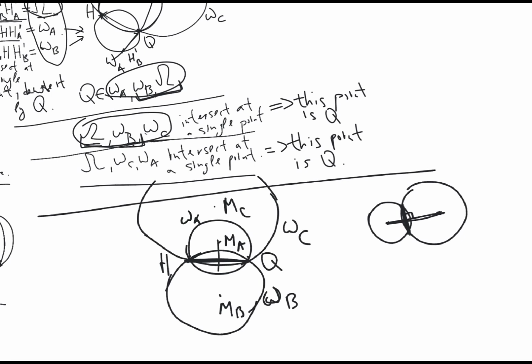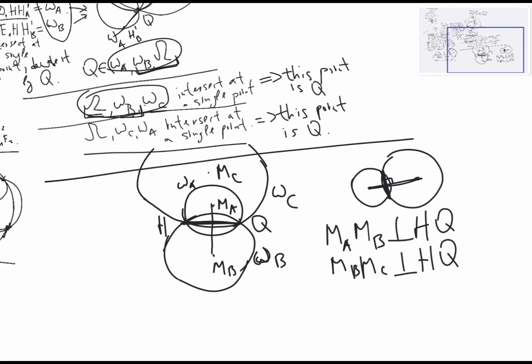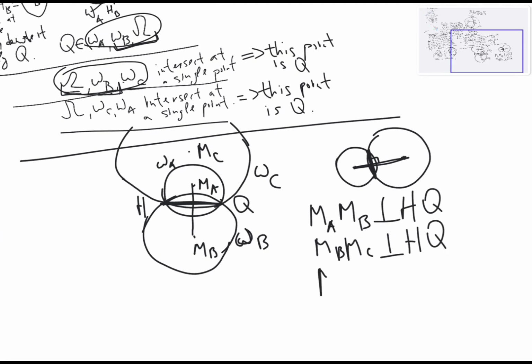So we know that MAMB, the line connecting these two centers, is perpendicular to HQ. The line MBMC is perpendicular to the same common chord HQ, and the third line connecting the centers MCMA is also perpendicular to HQ.